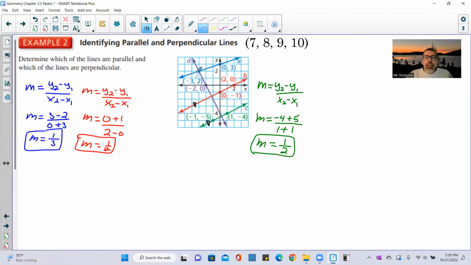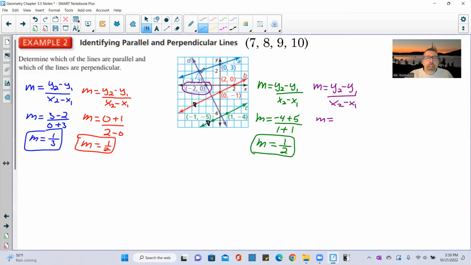So now I need to find the slope of D, which is the purple line. So I'll write m equals y2 minus y1 divided by x2 minus x1. The slope therefore is, and let's make this point here. So there's no point here, no point here. They tell us this is the point -2, 0.